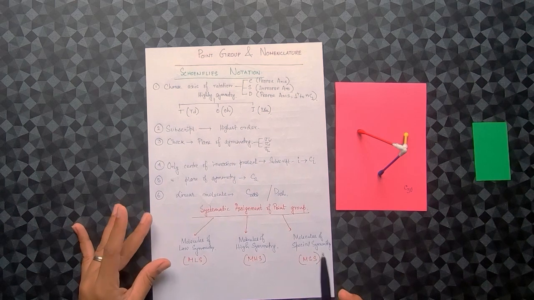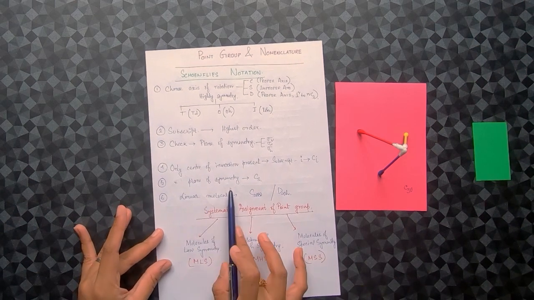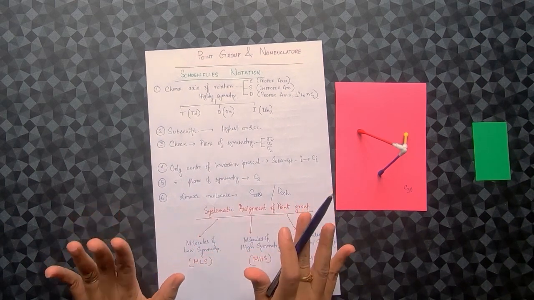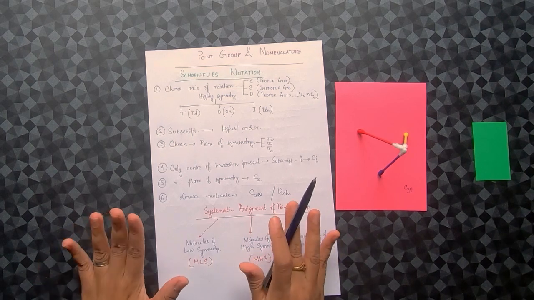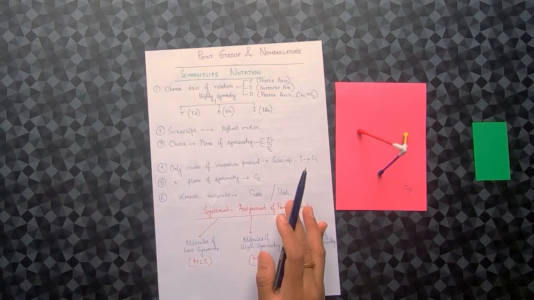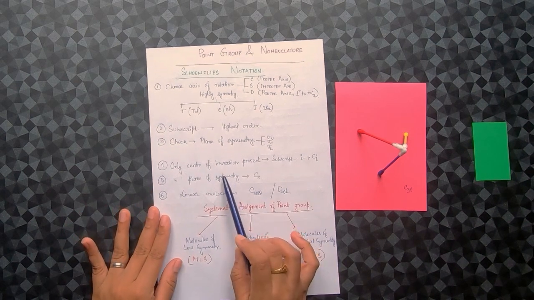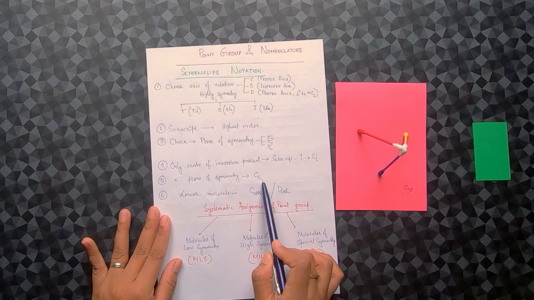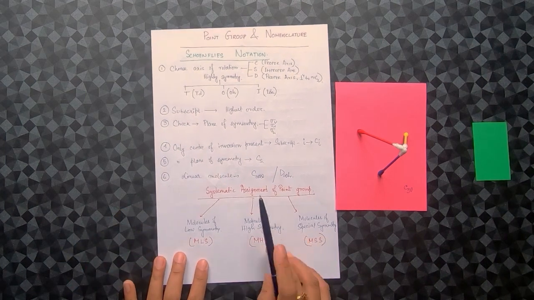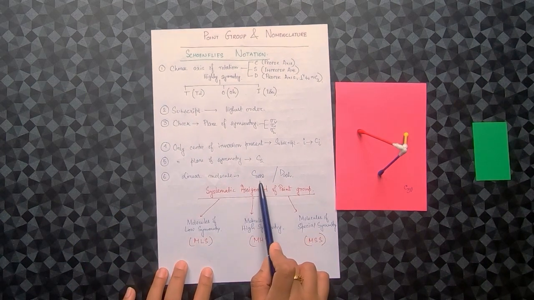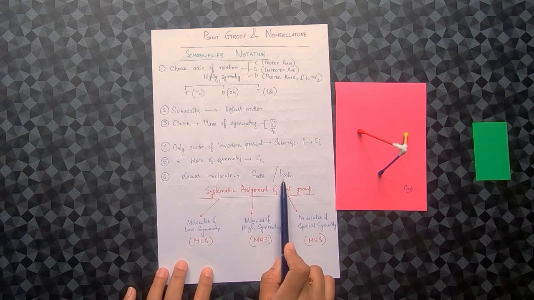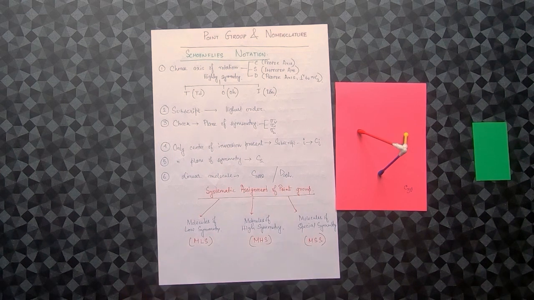If a molecule has only a plane of symmetry and no other elements other than identity, which is common for every molecular point group, then it will be denoted as Cs. For a linear molecule, it can be C infinity V or D infinity H.